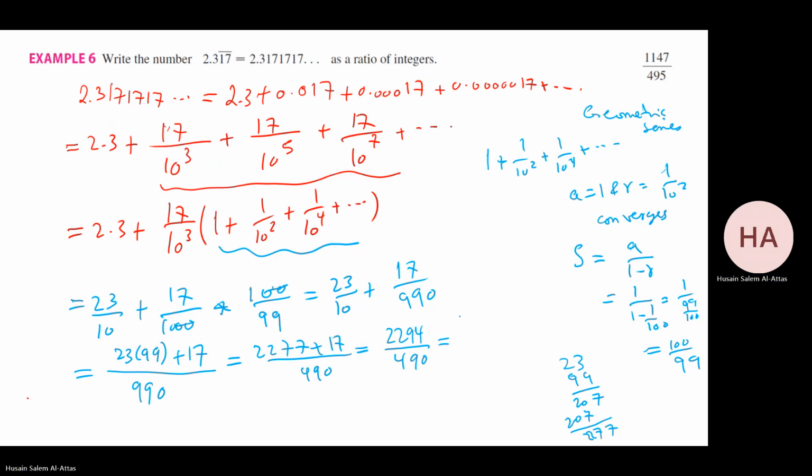Divide by 2, and I have 1147 over 495. So this is the answer.